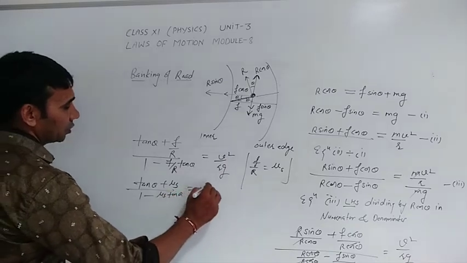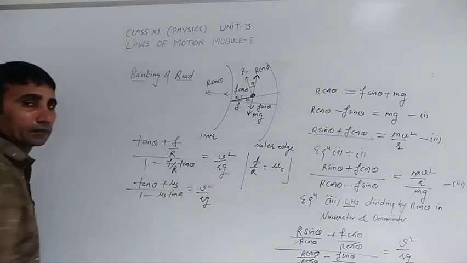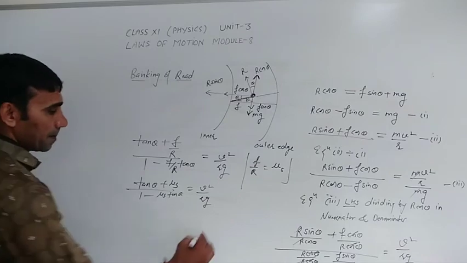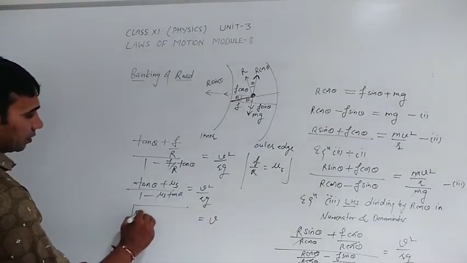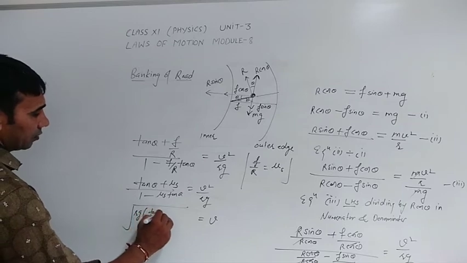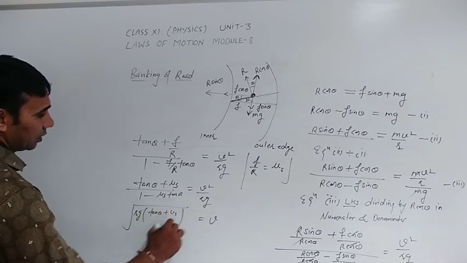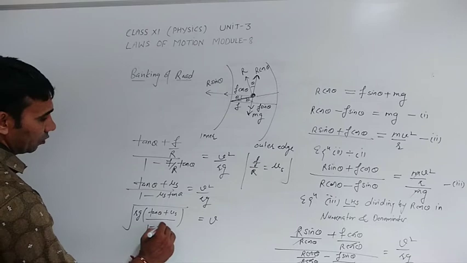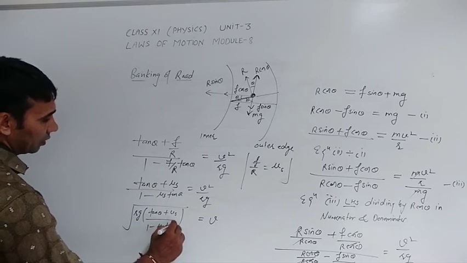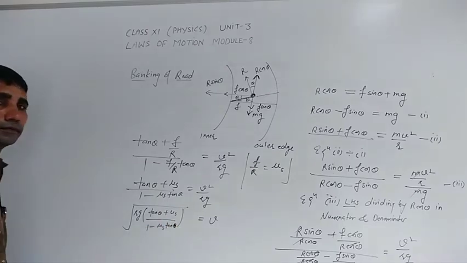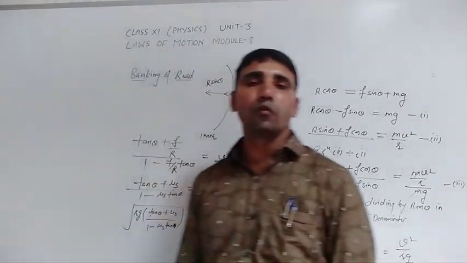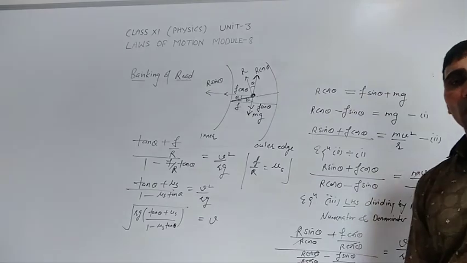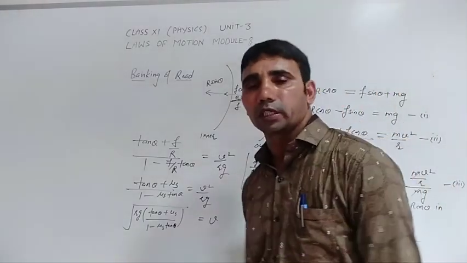That is the permissible speed of a vehicle on a banked road without skidding.